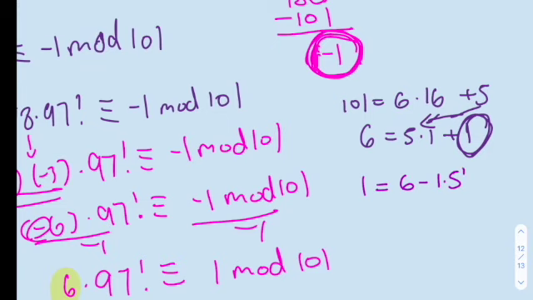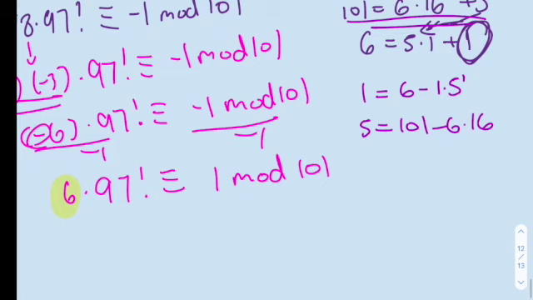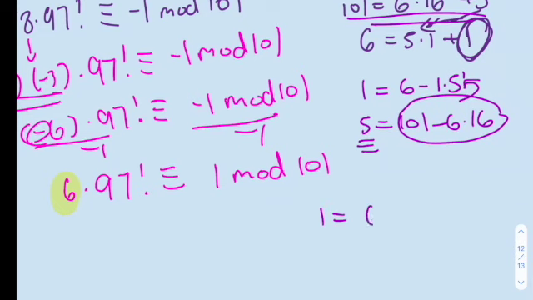So we have to rewrite this as well. So it's 5 equals 101, subtract 6 times 16. So let's substitute this part, which is 5, into this. So now we have 1 equals 6, subtract (101, subtract 6 times 16).